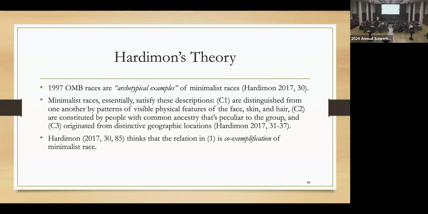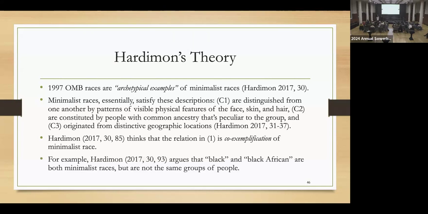Identity is not the right relation to talk about here. Instead, co-exemplification. So he says, well, it's not the case that the OMB's Black, for example, just means the Black African population. Rather, what's going on is both Black and Black African are minimalist races. That's what he says in the book.